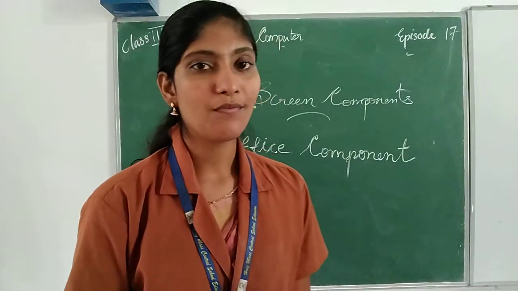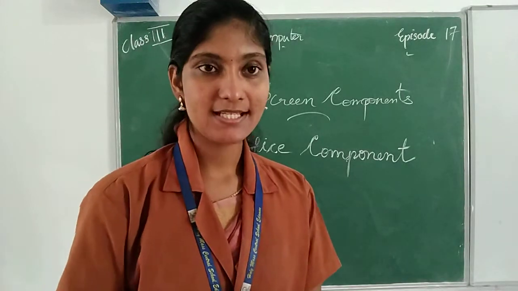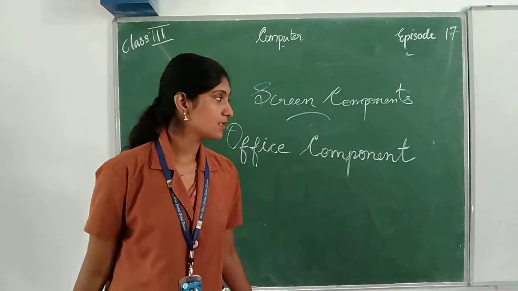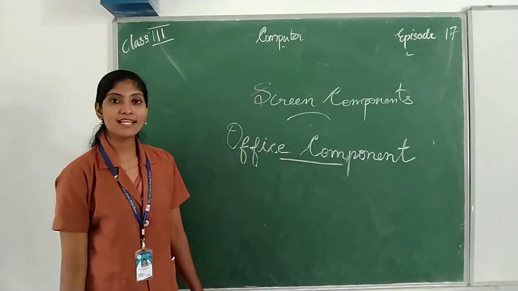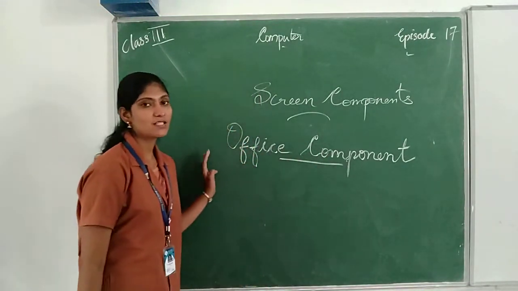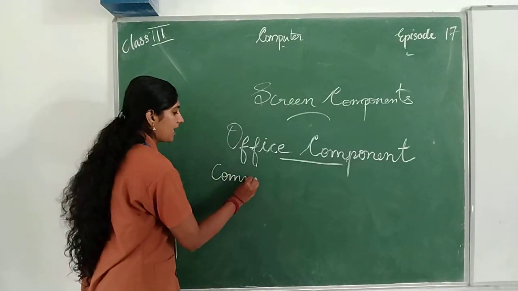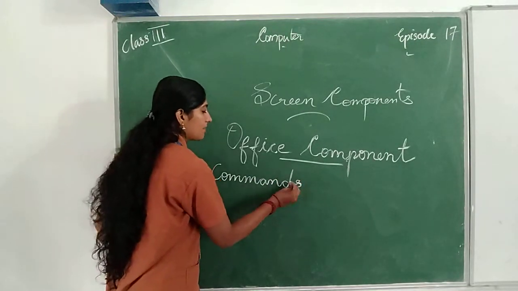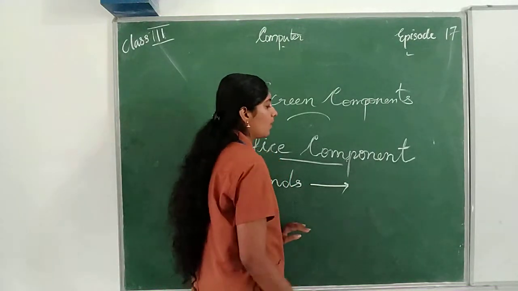Then what is the use of the office component? It has commonly used commands like open, save and print. So the office button contains some commands. Which are the commands present in the office button?